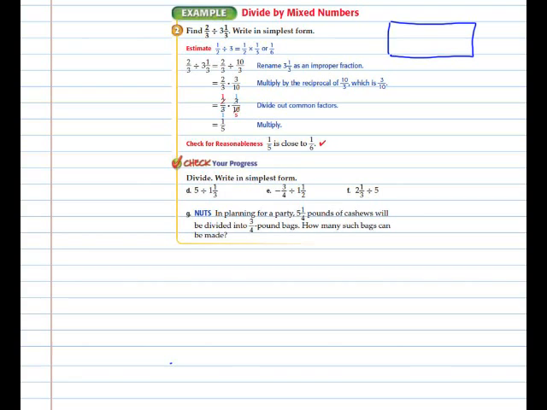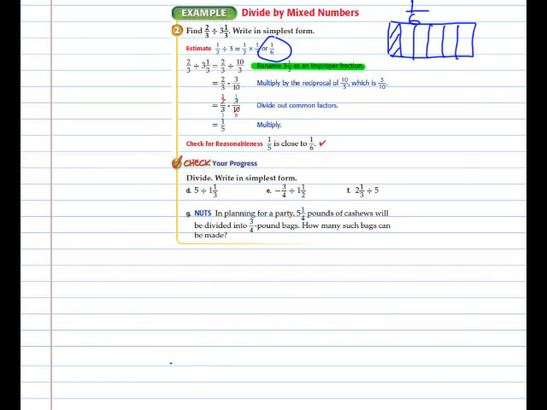A little tricky to see perhaps. I'm going to model it here. Here's 1/2. I want to know what 1/3 of 1/2 is. It's this much right here. And if I divide my other half into 3 equal parts, you can see clearly that it's 1/6. So my estimate's going to be 1/6. I rewrite my 3 1/3 as an improper fraction.